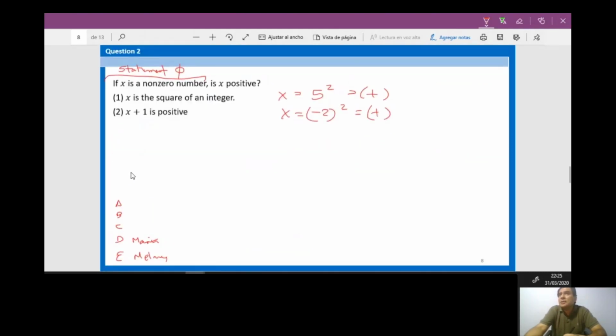Okay, let's consider here what happens when we think of it. x cannot be 0, so there is no possibility. Thank you, Brian. You also join the ranks of those voting for E as an answer. Now, if x cannot be 0, that means x cannot be the square of integer 0.